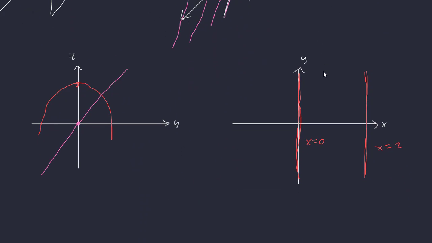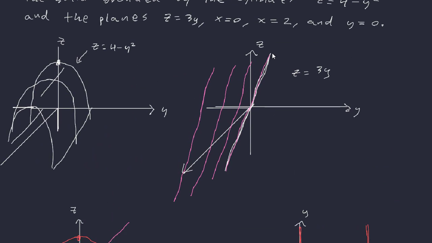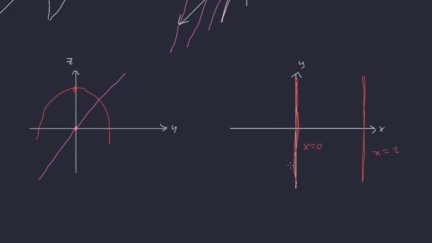Yep. X equals 2 will be this vertical line. And then y equals 0 is, of course, this horizontal line.